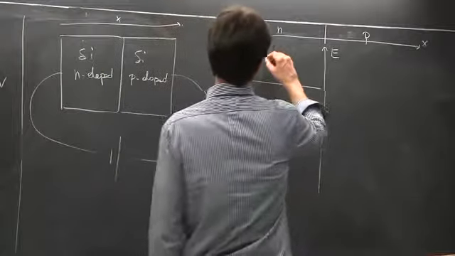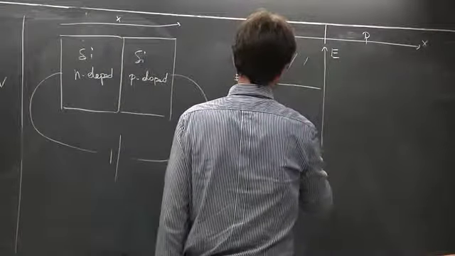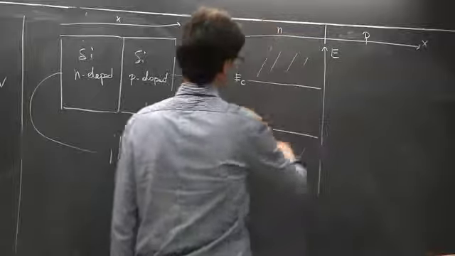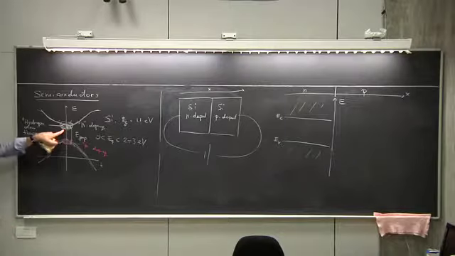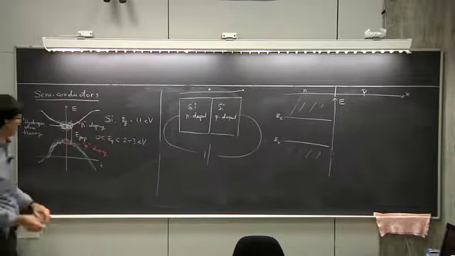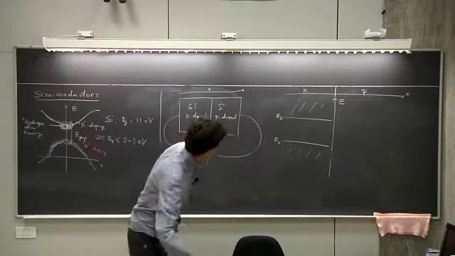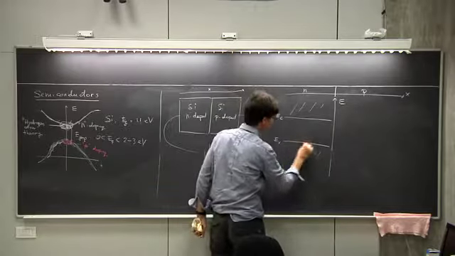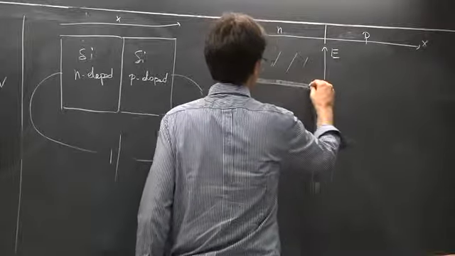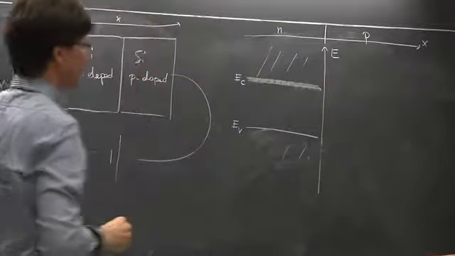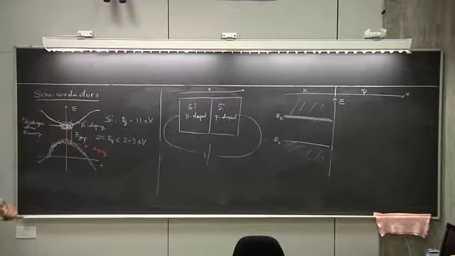That means here there will be available states, here there will be filled states, here there is a gap. And I'm assuming that I have n-doping. N-doping means that I have all these states filled completely, plus a small number of electrons also here, due to the fact that I have n-doped my crystal.